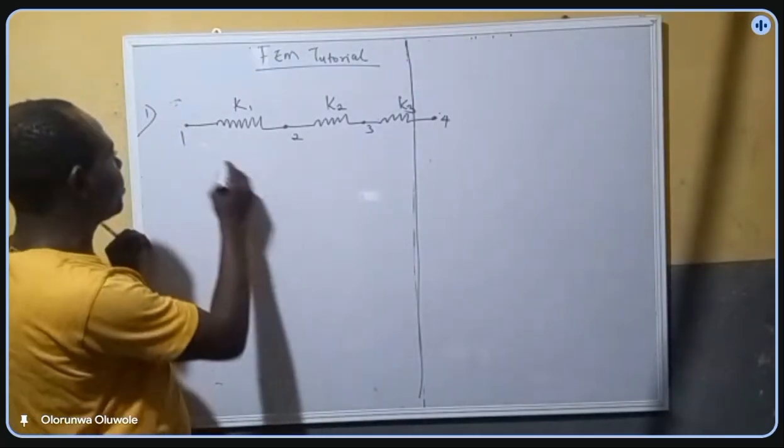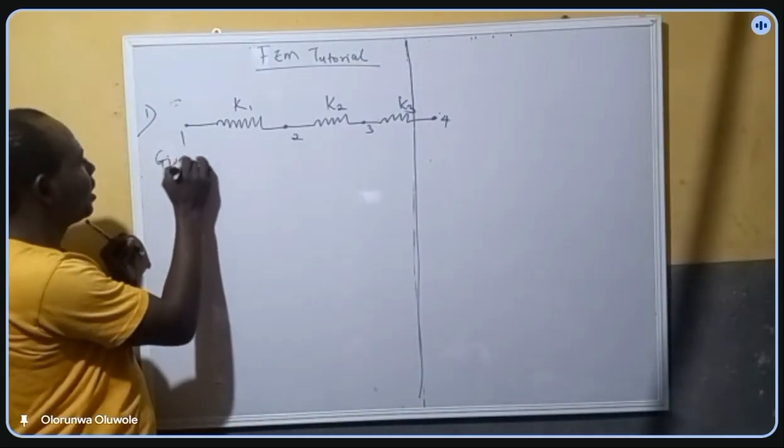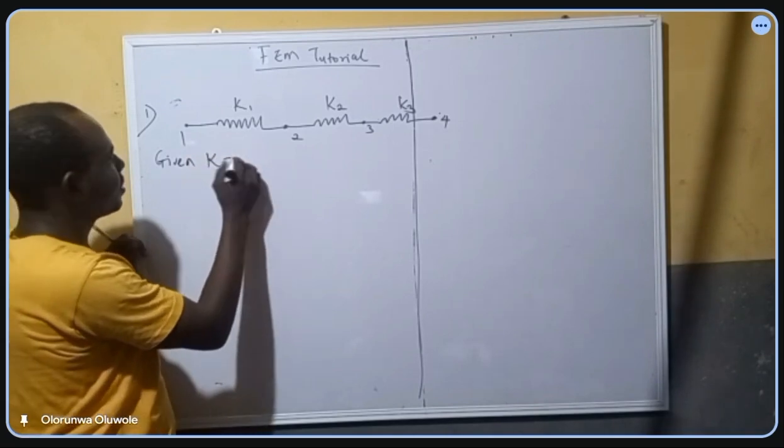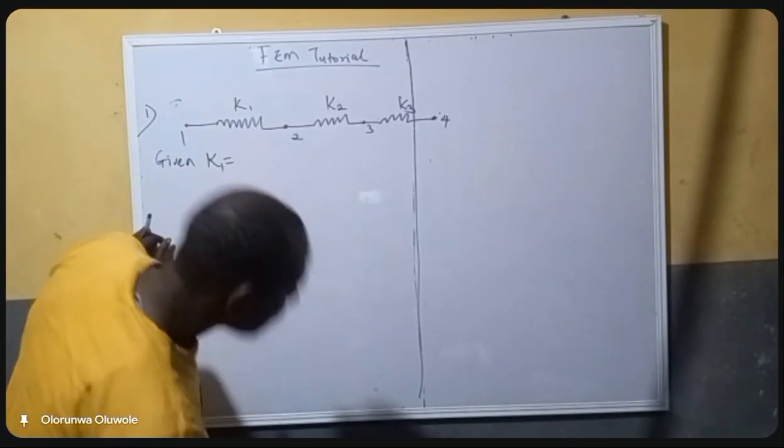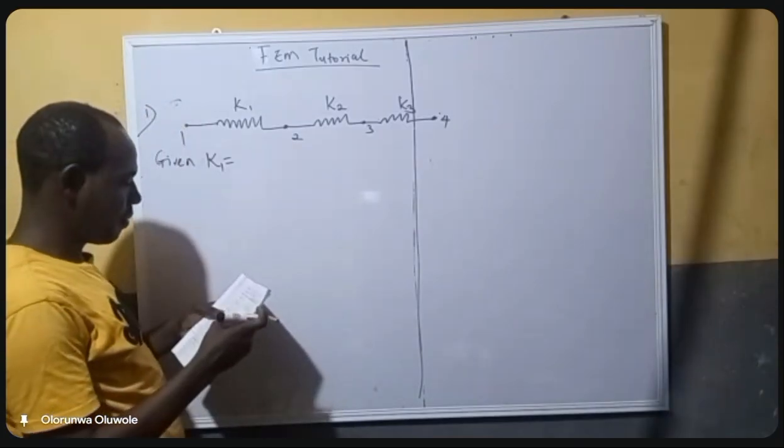So what are the values given? K is what? Wait, there's a force P on node 3.